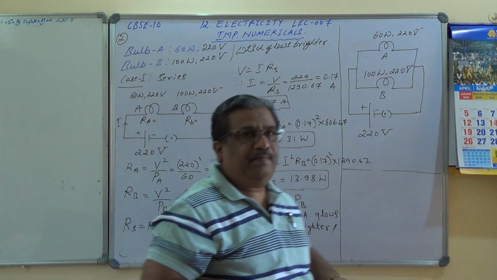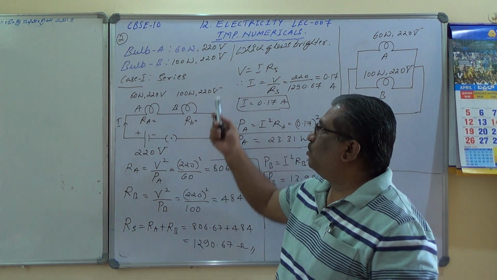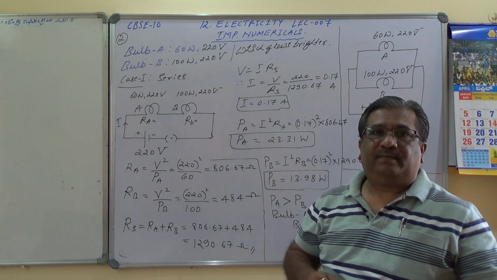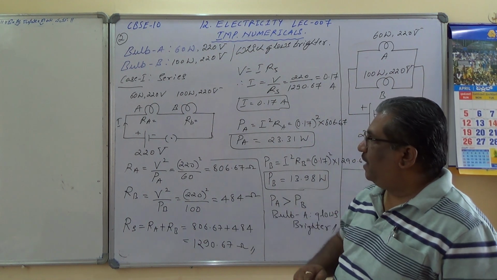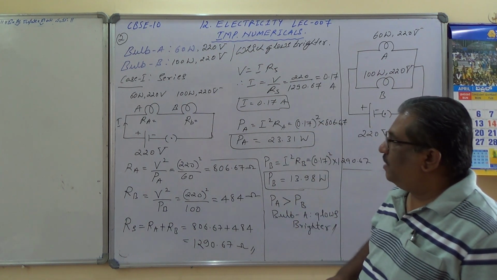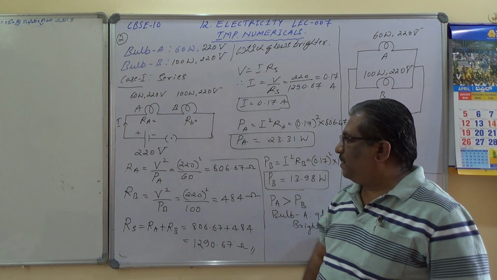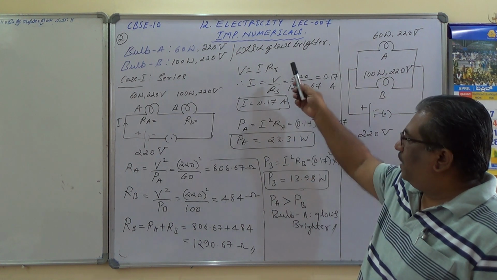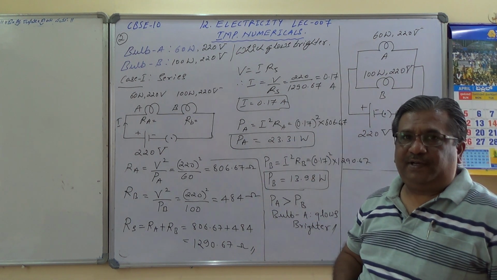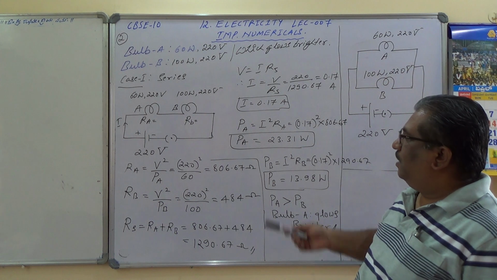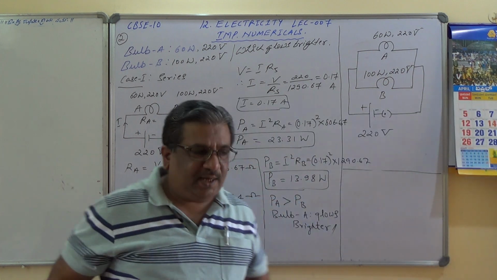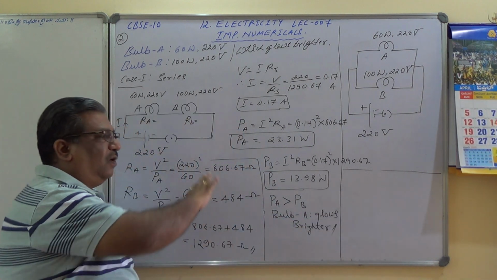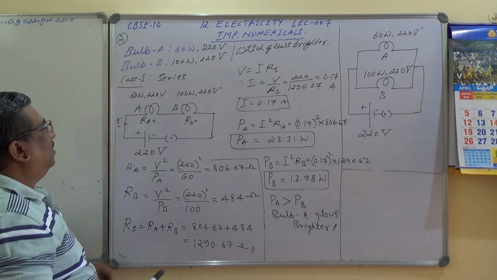See, in this case, whether bulb A glows brighter or bulb B glows brighter, in order to understand that, let us compare the resistance of these two bulbs and how the power is related to the resistance. Every time if you do all these calculations, it is very difficult to understand, and therefore my request for you is the conclusion, this small area I am writing down, how to draw the conclusion from this.